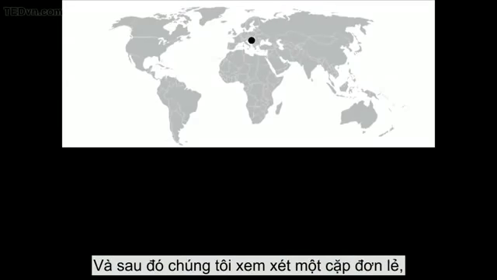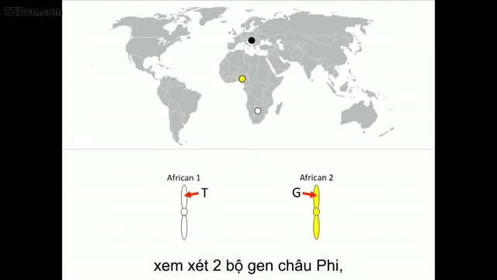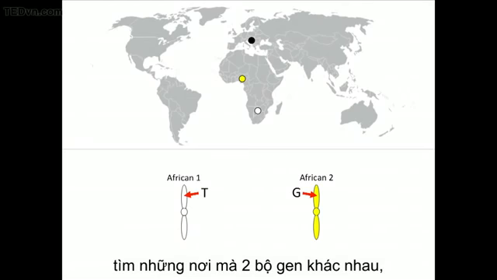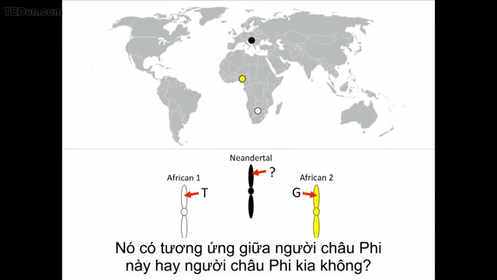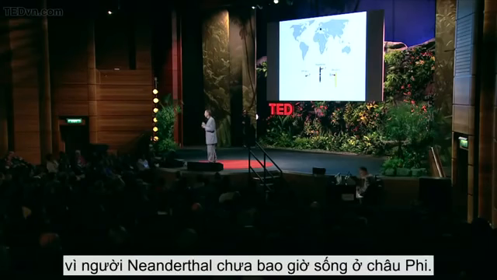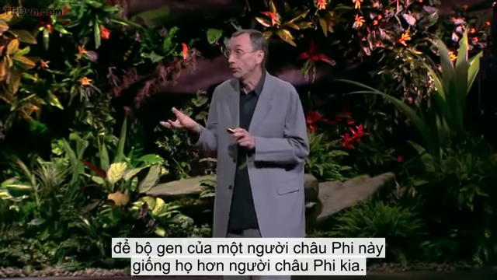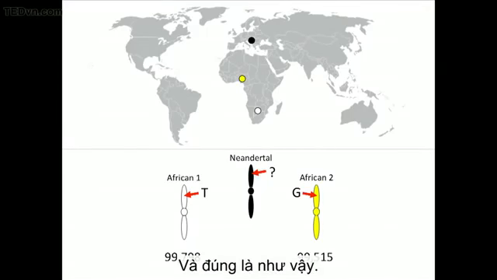So we do this with pairs of individuals, starting with two Africans, looking at the two African genomes, finding places where they differ from each other, and in each case asking, what is a Neanderthal like? Does it match one African or the other African? We would expect no difference because Neanderthals were never in Africa. They should be equal, with no reason to be closer to one African than another African. And that's indeed the case.